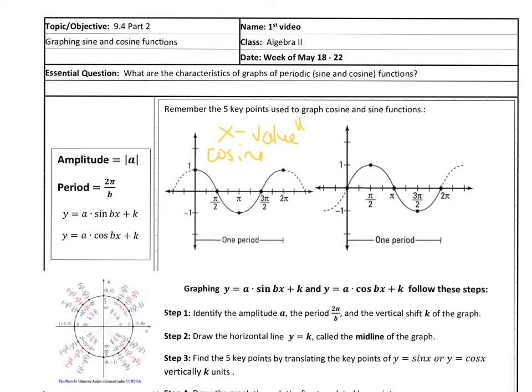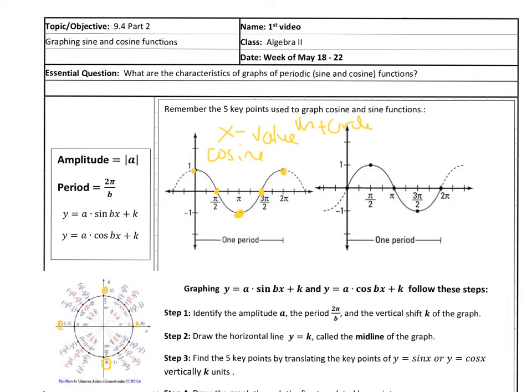For the 5 key points, we start at the angle 0 and look at the x coordinate, which is 1. Then pi over 2, where the x coordinate is 0. Then pi, our favorite number, where the x coordinate is -1. Then 3 pi over 2, where the x coordinate is 0 again. And then we're back to 2 pi, and the x coordinate goes back to 1.